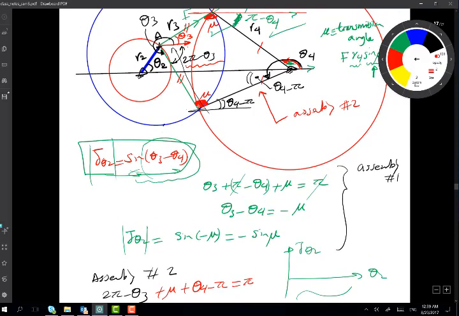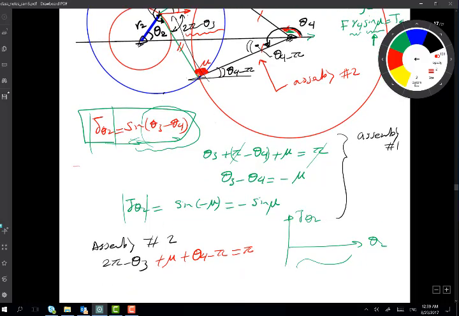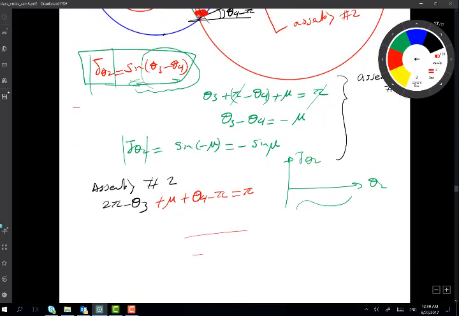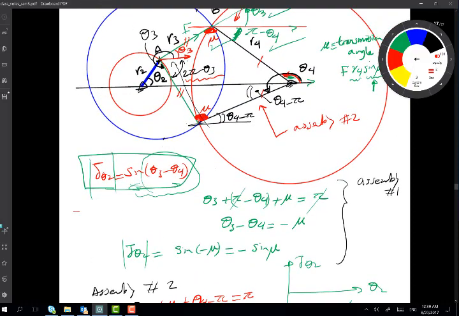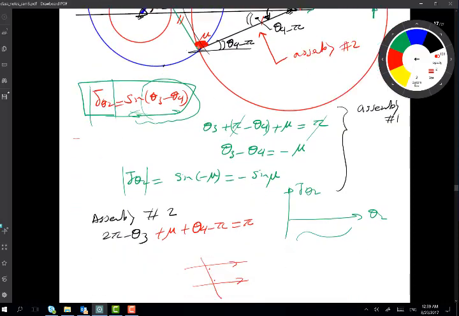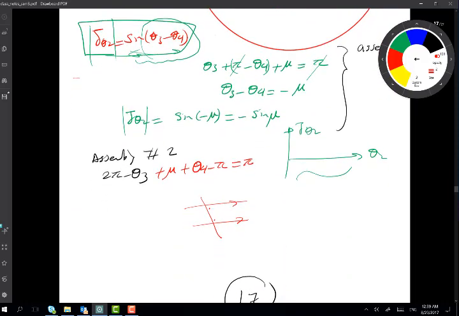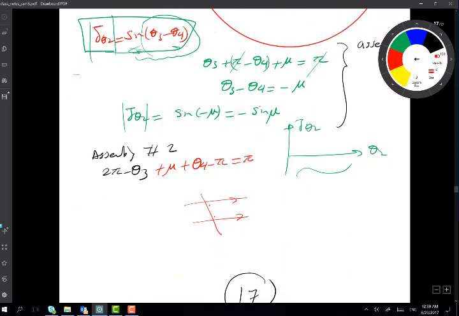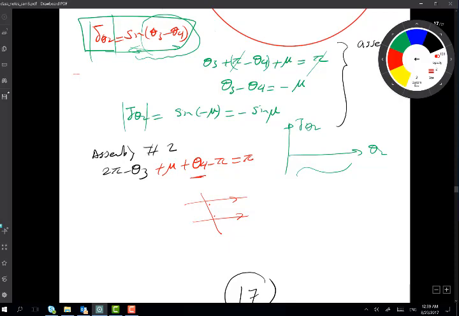This is because these lines are parallel and intersected by one line, so the angles inside add up to 180. This is the rule that I used here. Now I'm trying to find theta 3 minus theta 4, so I can move them to the other side.